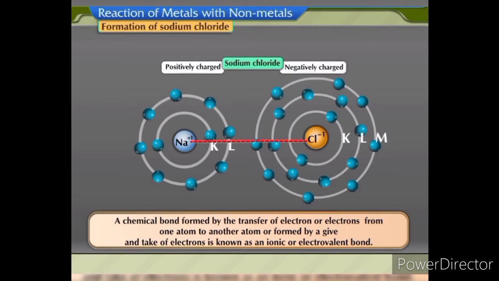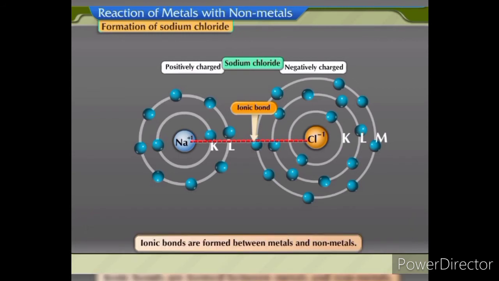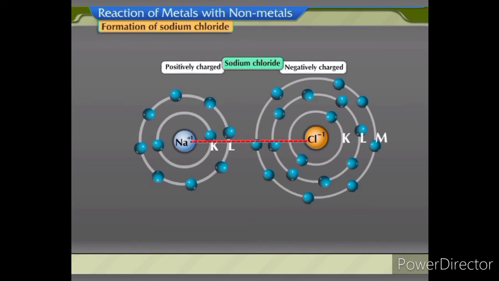These oppositely charged ions are attracted to each other by strong electrostatic forces, and an ionic bond is formed. From the above example, we can now say that ionic bonds are formed between metals and non-metals. Compounds formed by the transfer of electrons from a metal to a non-metal are known as ionic or electrovalent compounds.